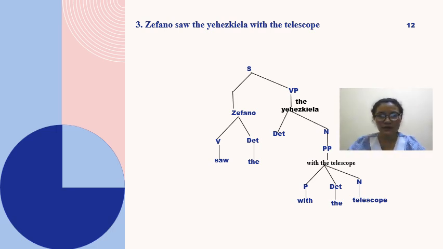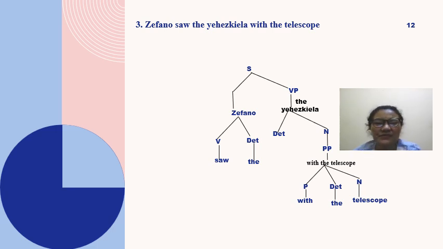Okay, here is the next question: Stefano saw the Ezekiel with the telescope. Let me divide it into several parts and explain first. Stefano saw the Ezekiel with the telescope is the whole sentence.